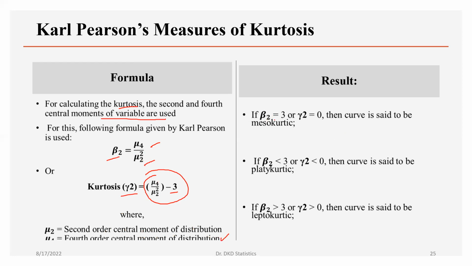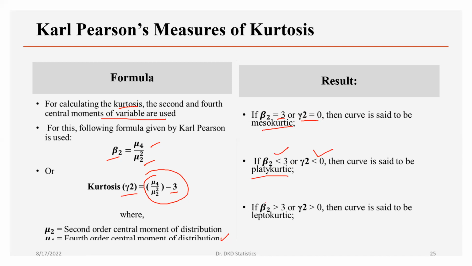If we are calculating the data and find beta 2 equal to 3 or gamma 2 equal to 0, then the curve is said to be mesokurtic. If beta 2 is less than 3, gamma 2 less than 0, then the curve is platykurtic.